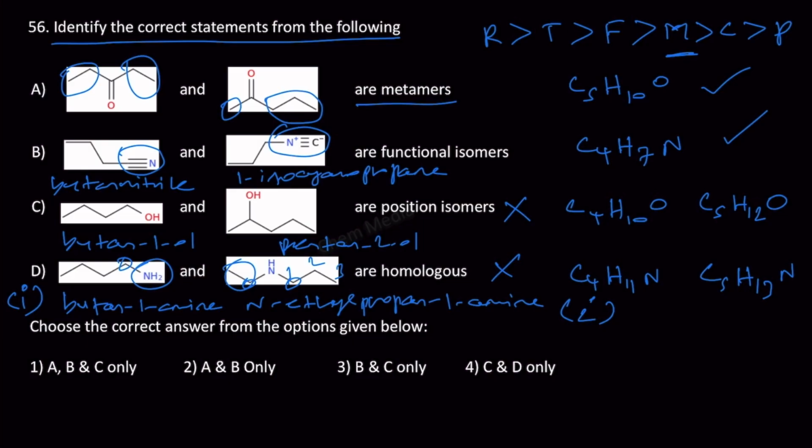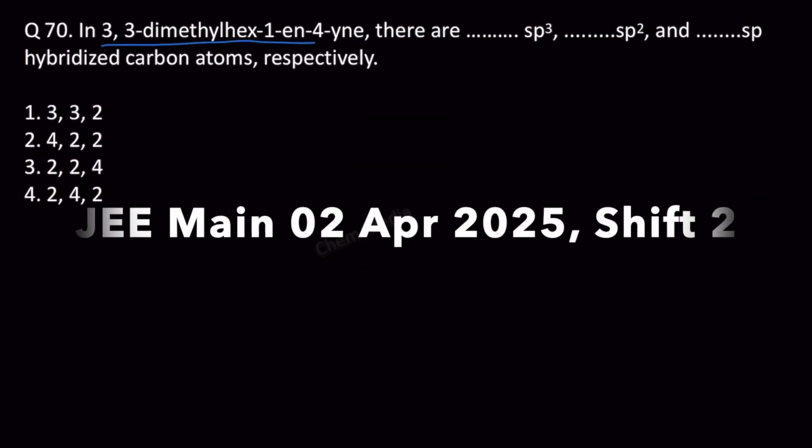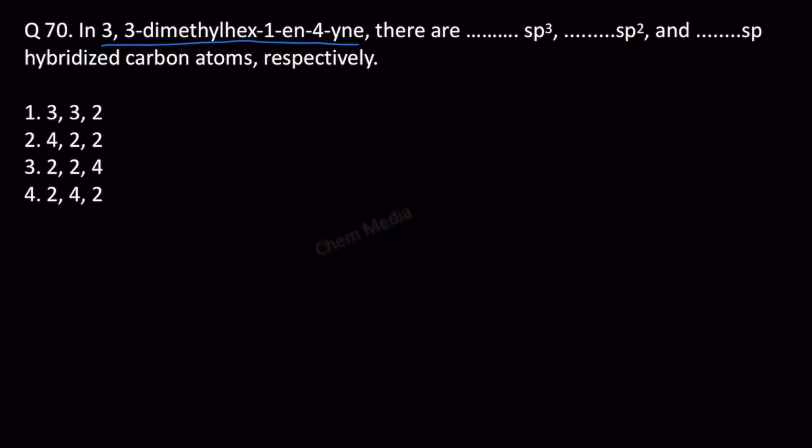This means option 2 is correct. In 3,3-dimethylhex-1-en-4-yne, how many sp3, sp2 and sp hybridized carbon atoms are there? Let us draw the structure first. The root word is hex here. That means the parent chain has 6 carbon atoms. So 1, 2, 3, 4, 5, 6.